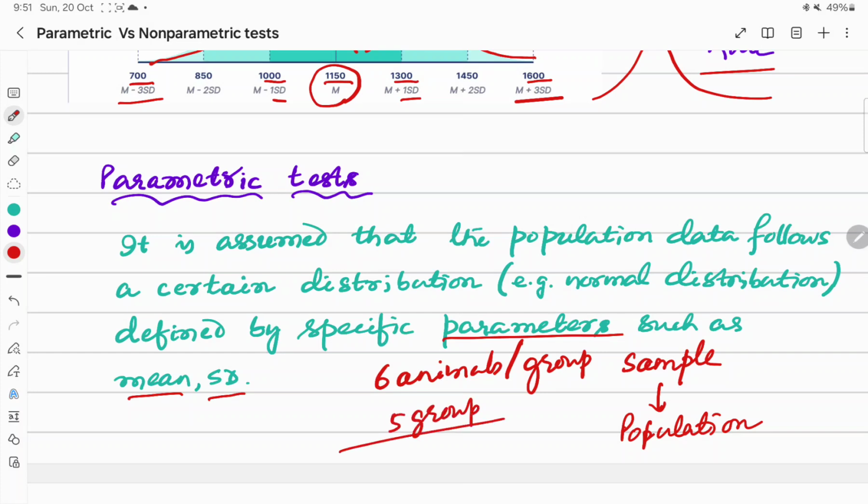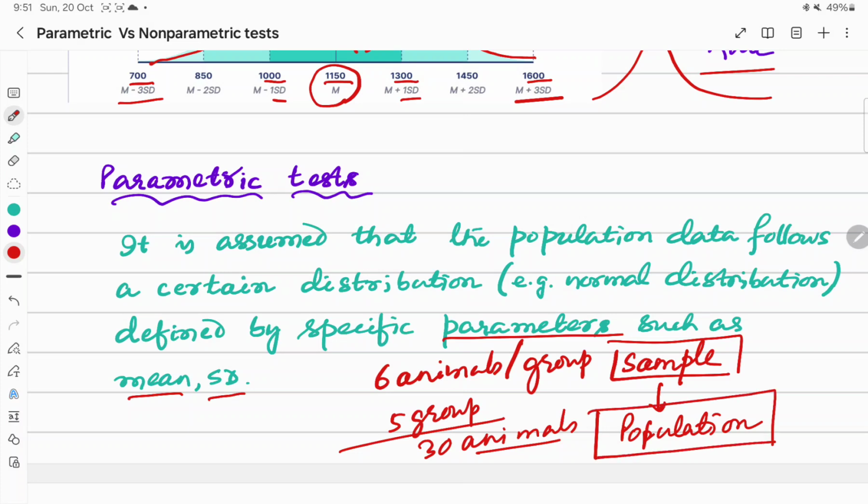So we have taken a total of 30 animals. That is the sample, and we assume that this sample represents the whole population of the animals. Say we have taken rats, so the 30 rats, that is the sample, will represent the whole population of rats.